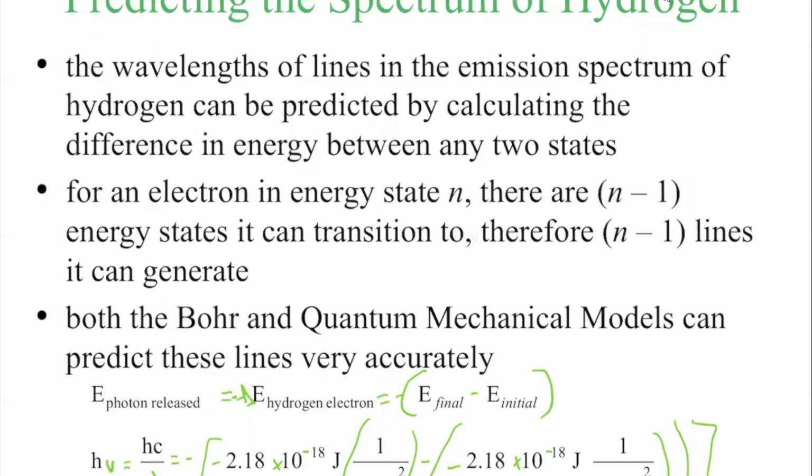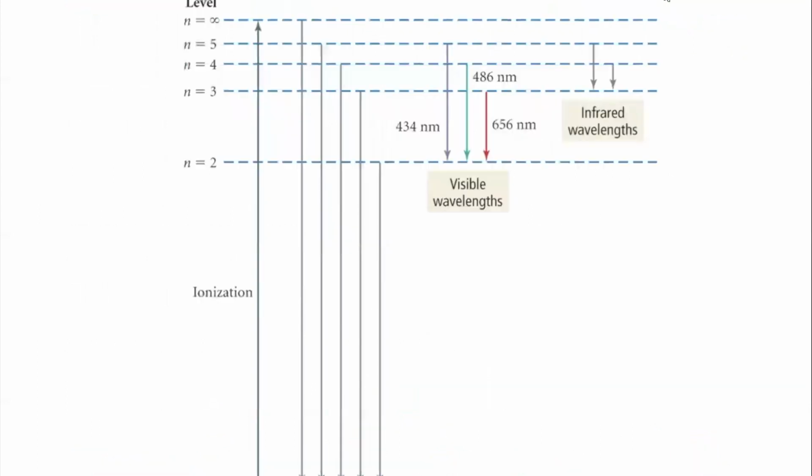Basically, we can calculate the wavelength we're going to have when that happens. Remember that when it falls, it removes energy. So if we go from n=5 to n=2 and we are at 434 nm wavelength, that means you're going to have that violet color and so on. So that's what we're going to be determining.